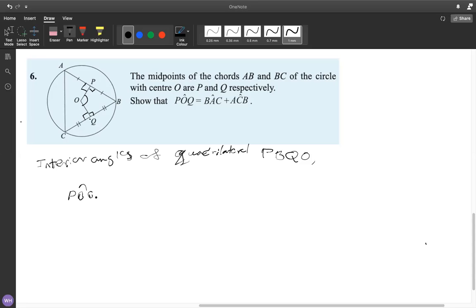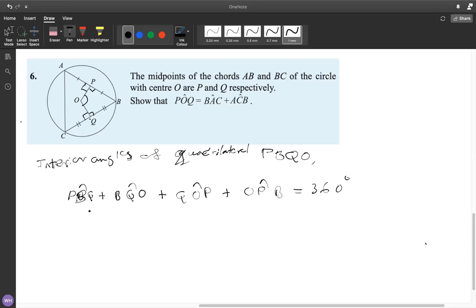Angle PBQ plus angle BQO plus angle QOP plus angle OPB will be equal to 360 degrees.